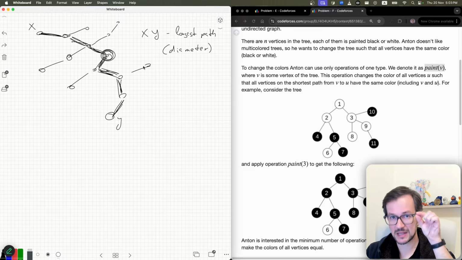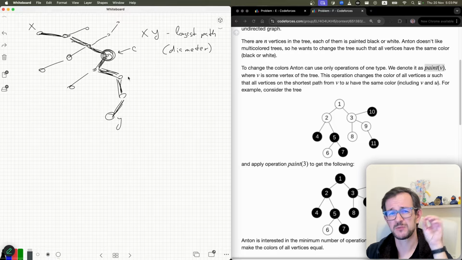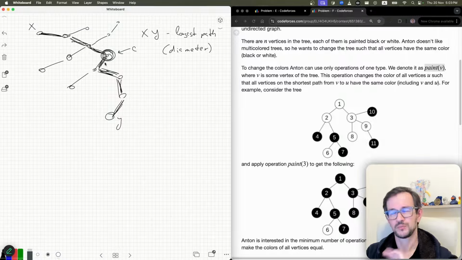If you look at the center of the diameter, this point is the center of the tree. The main property of the center is that it minimizes the maximal distance to the leaf. So it's the point which minimizes the distance to all leaves, not only one.